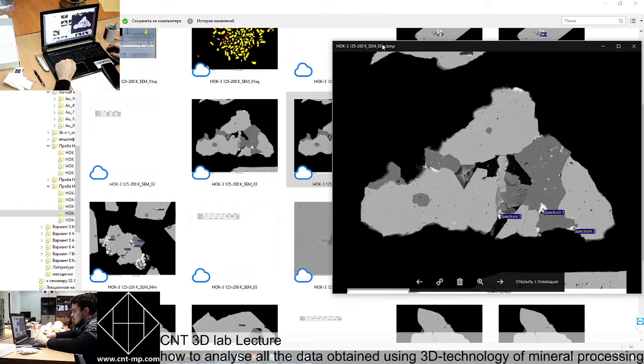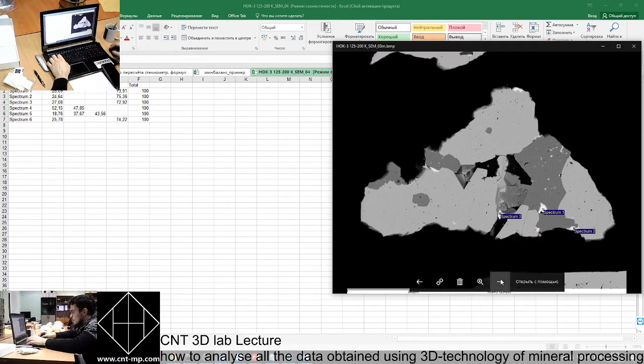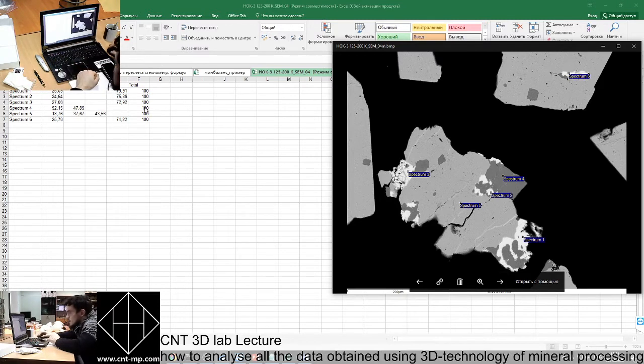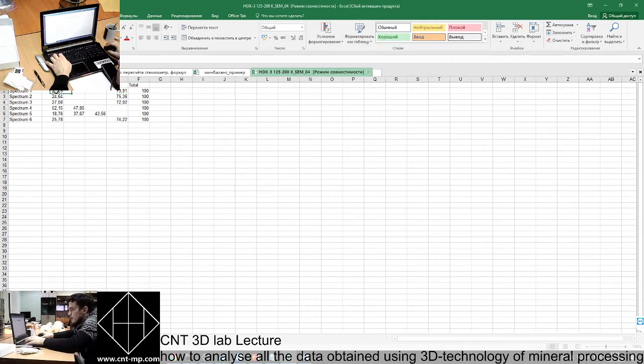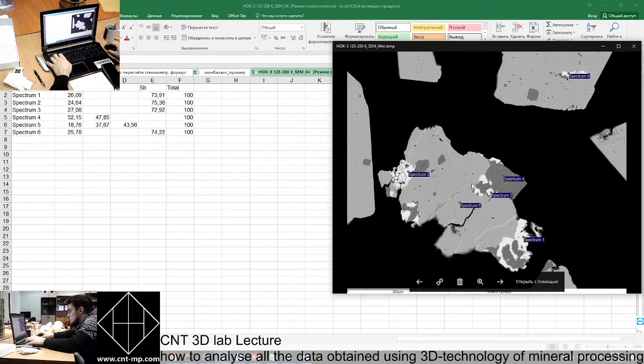Okay, next image. So for example, this is the fourth image, and we see that spectrum 1 consists mostly of antimony and sulfur. So as I know, this is definitely stibnite. The same is for spectrum 2 and 3. So we know that spectrum 1, 2 and 3 are stibnite, but spectrum 4 is definitely pyrite.